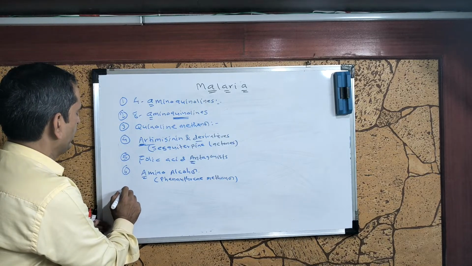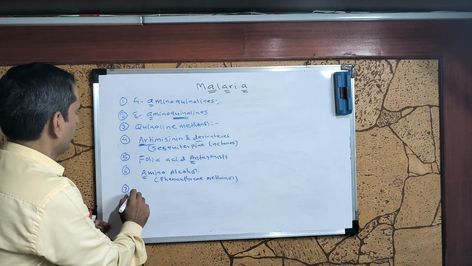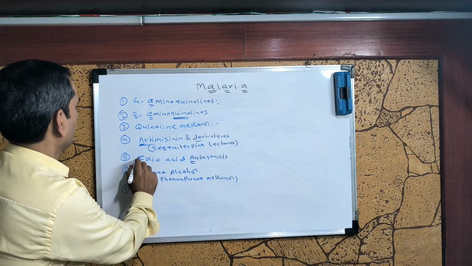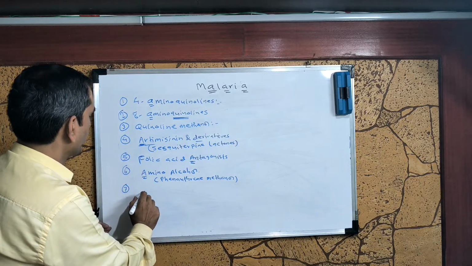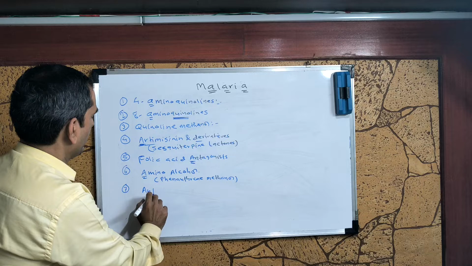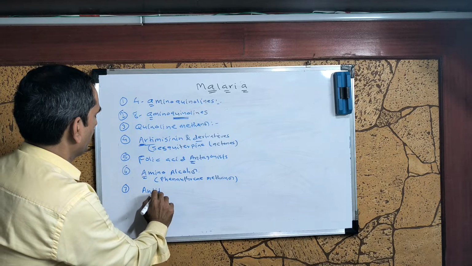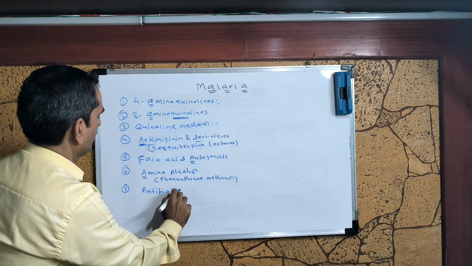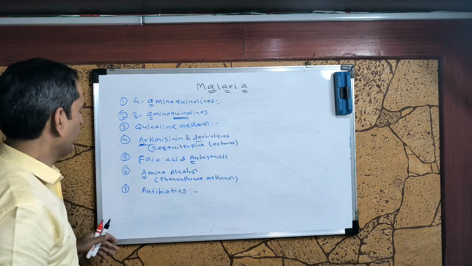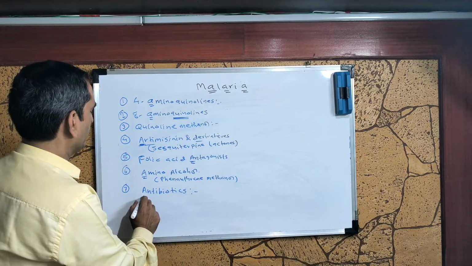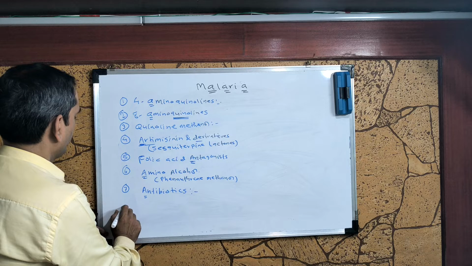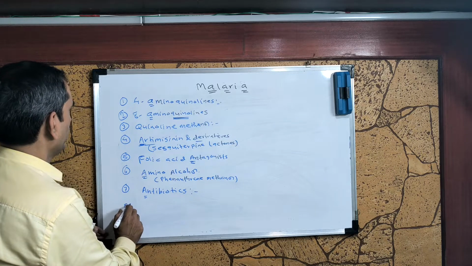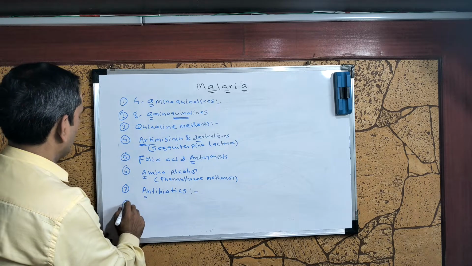The seventh category is, so we have another category which is starting with A, which is antibiotics. So antibiotics, again it starts with A. The next category is alkaloids.